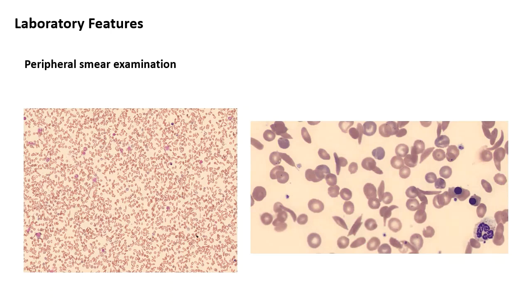You cannot get it from the automated cell counters. What we see here are the holly leaf cells or the sickle cells, and these cells are characteristically pointed at both the ends. Along with these, you can find nucleated RBCs and a few polychromatic cells.